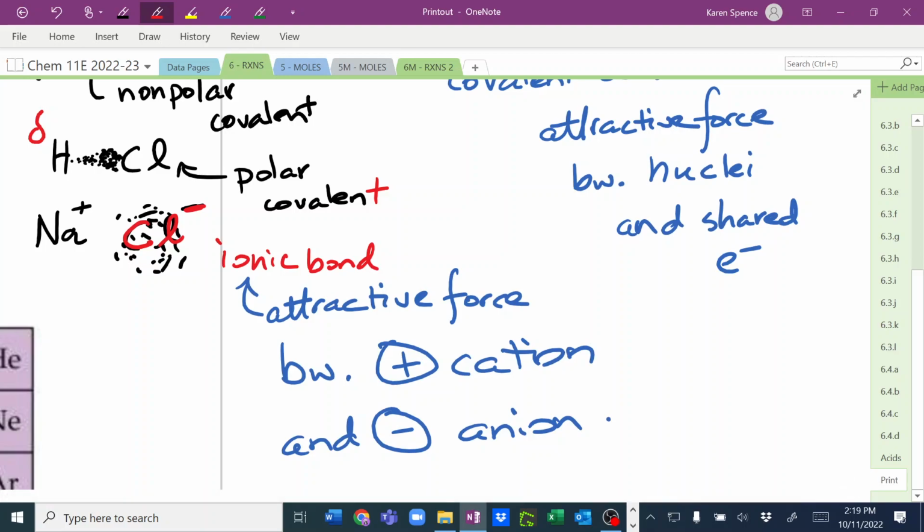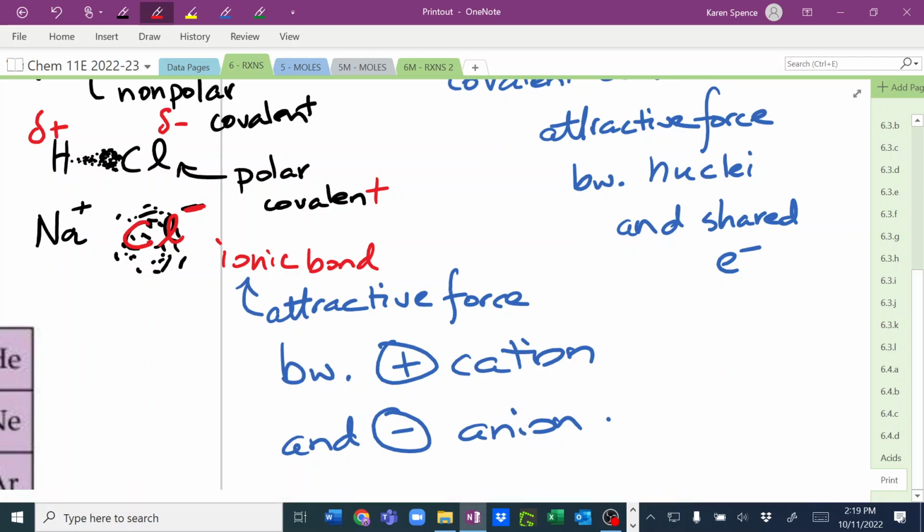Okay? And I would write delta what? Delta positive, because it's going to be slightly positive. The chlorine, what would I write beside the chlorine? Delta negative, because it's somewhat negative. It has a partially negative charge.